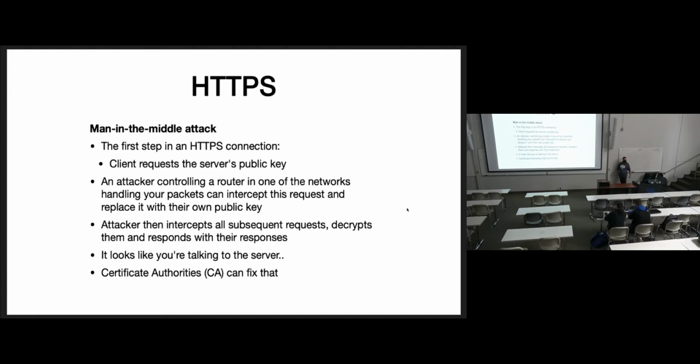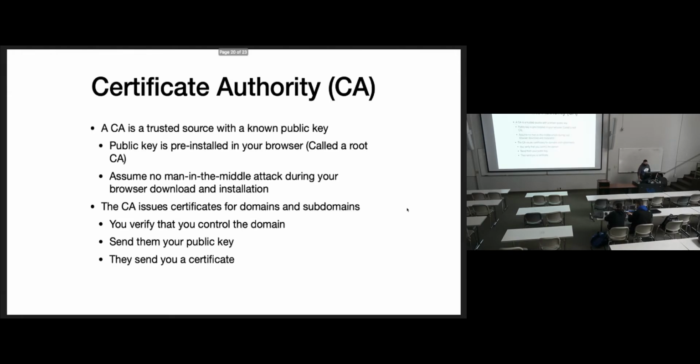So what we do is, instead of communicating public keys directly, we're going to communicate certificates. Certificates contain the public key, except they're signed by a trusted source, and we have to assume that that source is trusted, and that source is going to be a certificate authority.